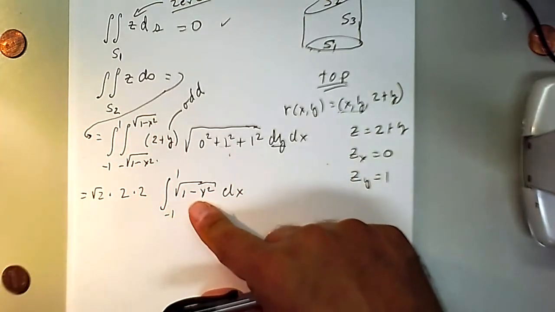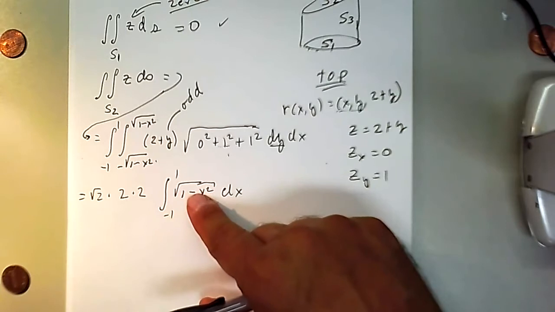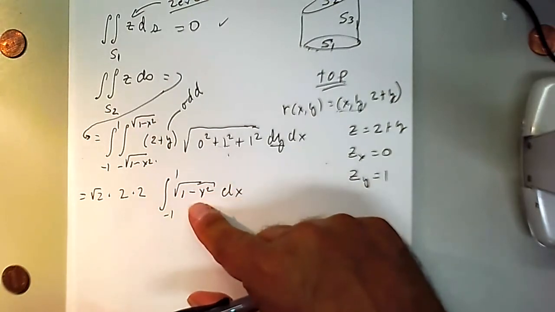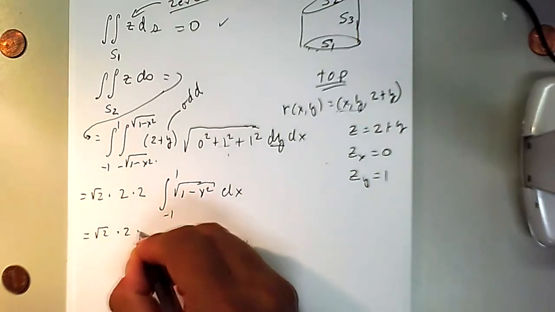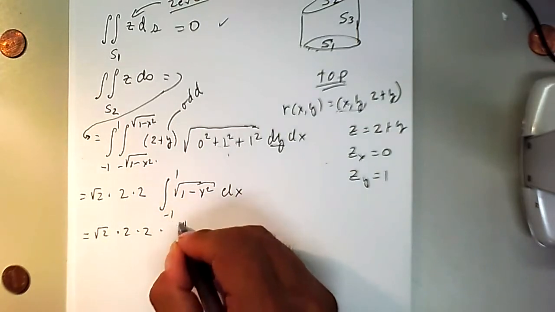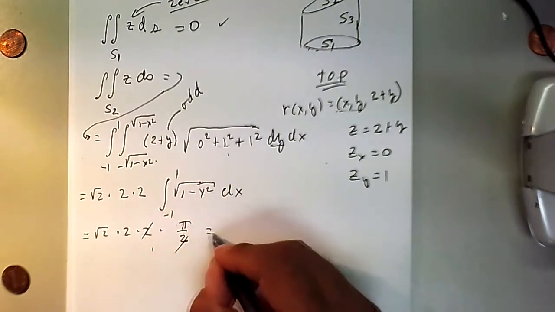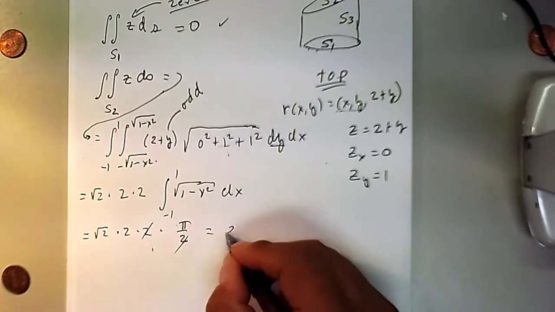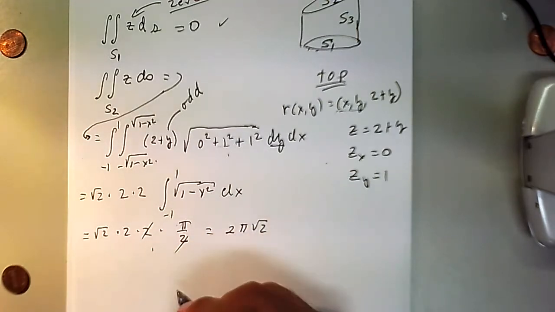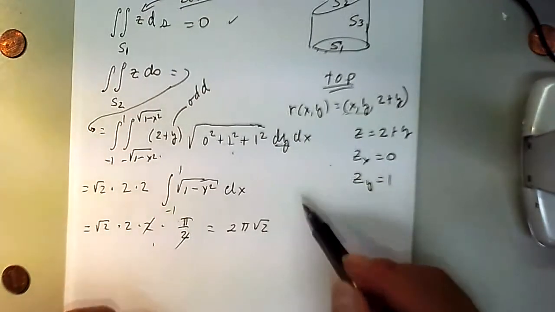This is a semicircle that we're integrating from negative 1 to 1, the unit semicircle. So that is going to be pi over 2. So we're going to have square root of 2 times 2 times 2 times pi over 2. 2 of those cancel. So we end up with 2 pi square root of 2. Now we got 2 pi square root of 2.